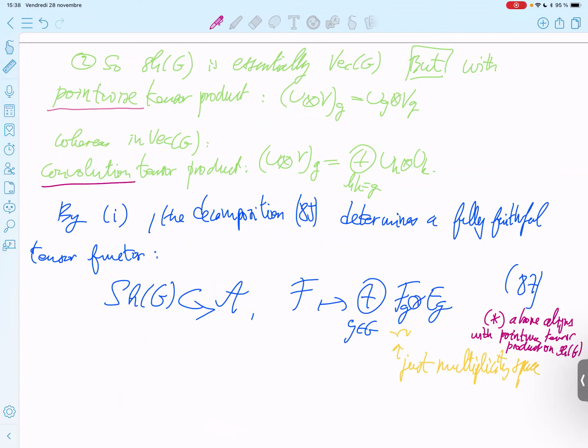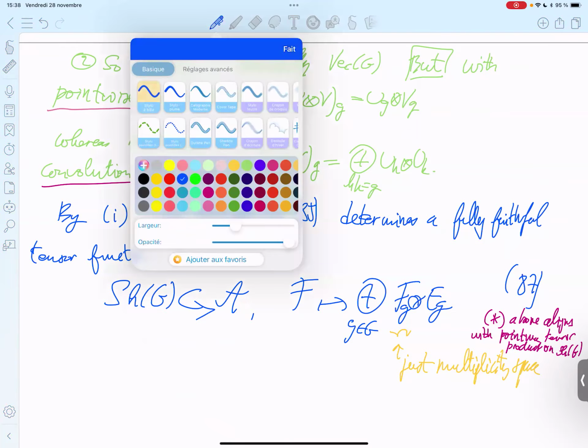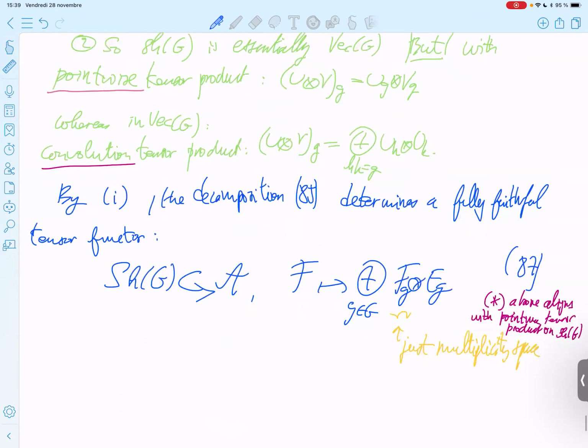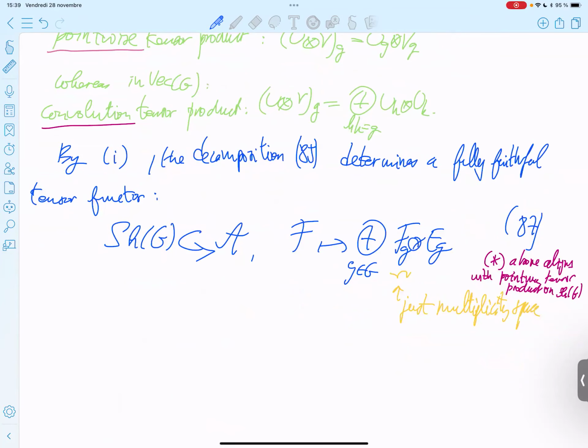Okay. So now, the goal. Now remember, we already considered two functors from K1 to K2. Now we want to go from K2 to K1. We want the inverse, and we will go through K3, through this kind of category.